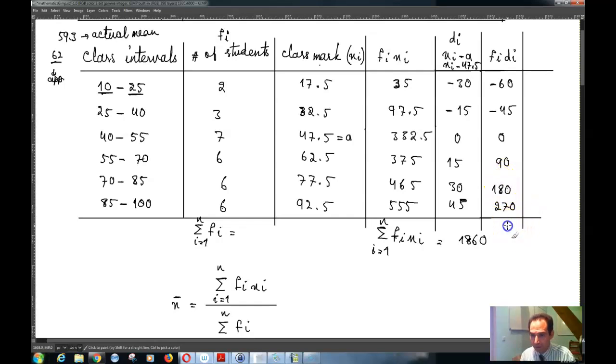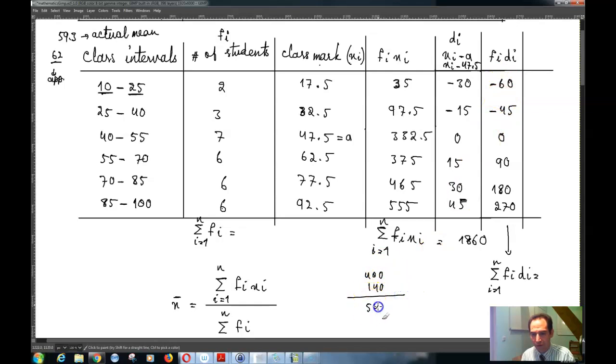And if I calculate sigma f of i d of i, as i goes from 1 to n, that would give me 90 plus 180 is equal to 270. 270 plus 270 is equal to 540, and then subtract from that 105.